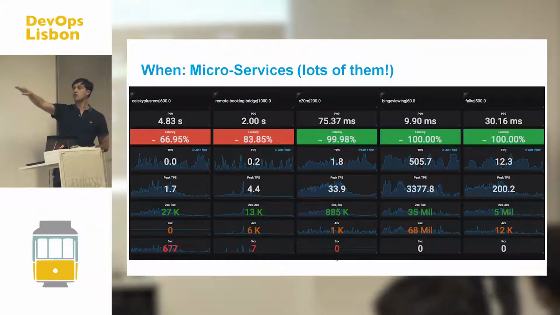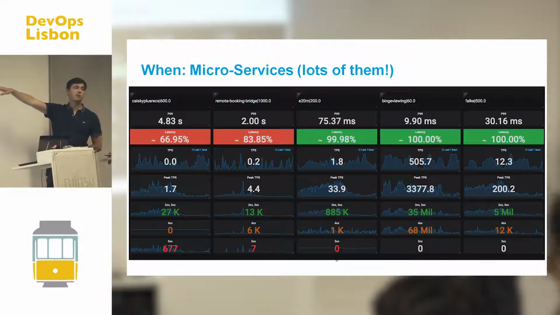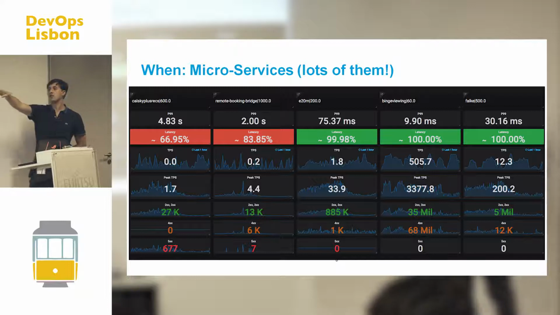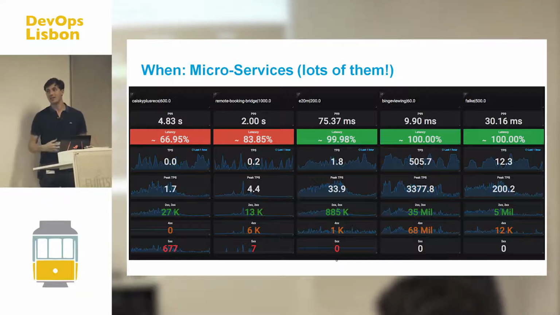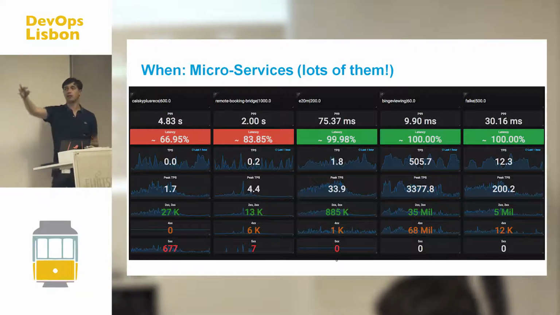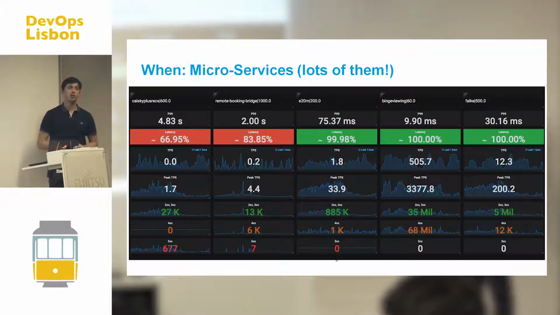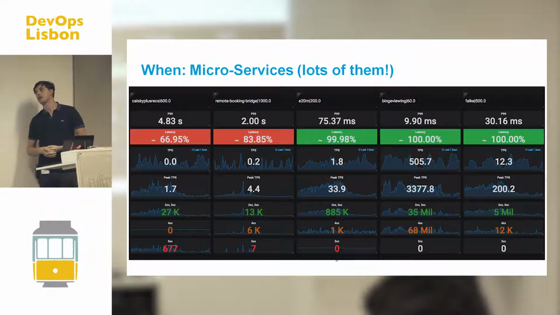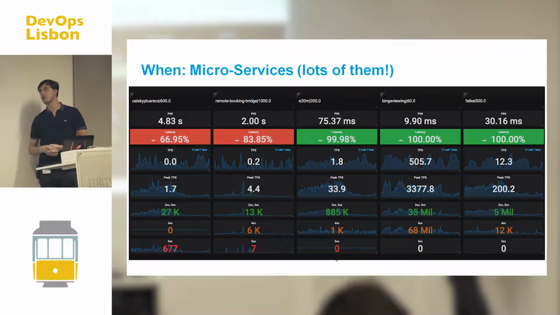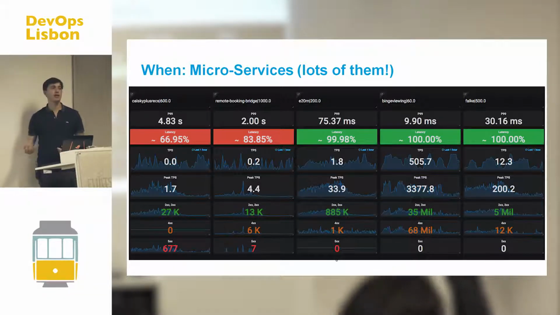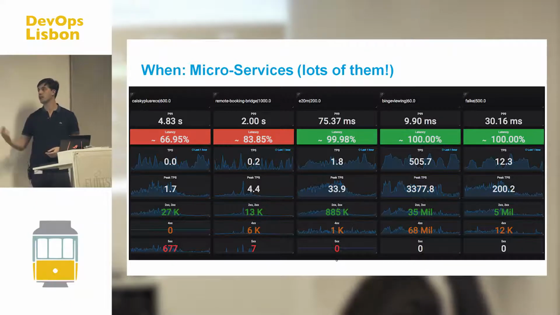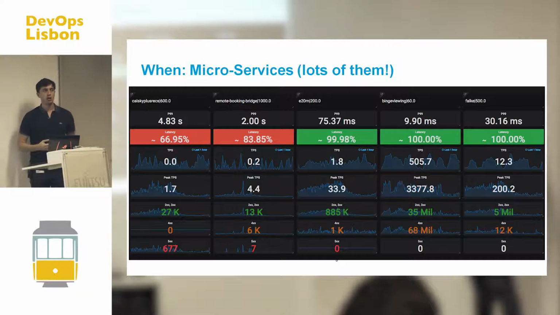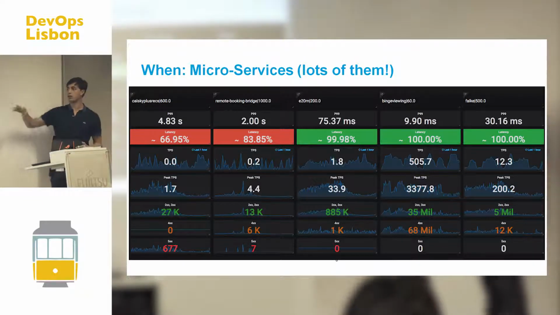We can also see on the first row the percentile 99, and we have services that take seconds. For the first one, 4.83 seconds, while these ones work in the milliseconds range. Binge viewing works under 10 milliseconds, and Falke here is working around 30 milliseconds. Your service doesn't need to work in 10 milliseconds.